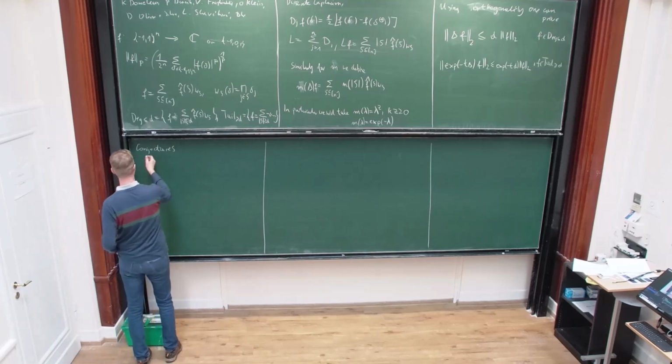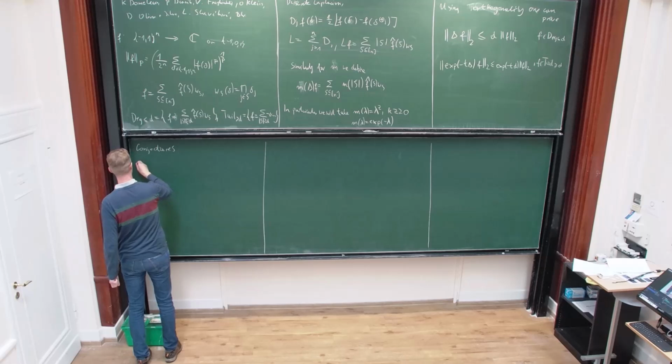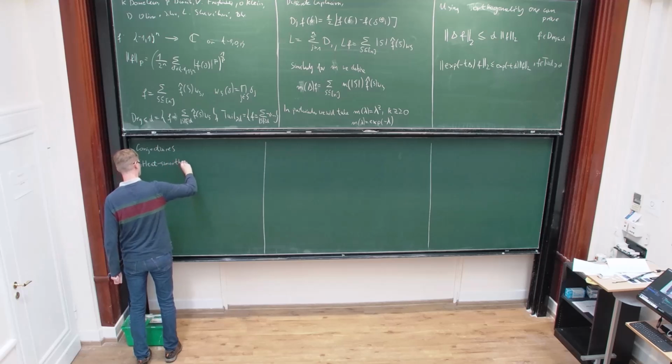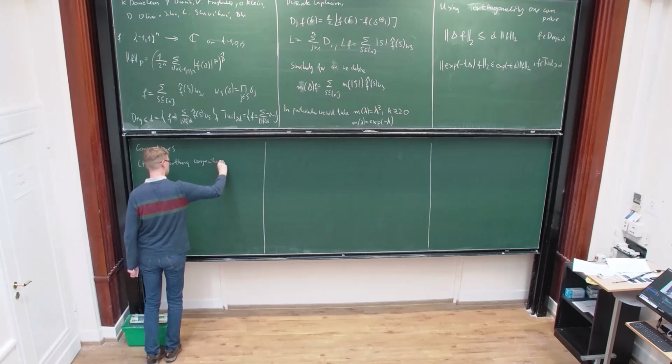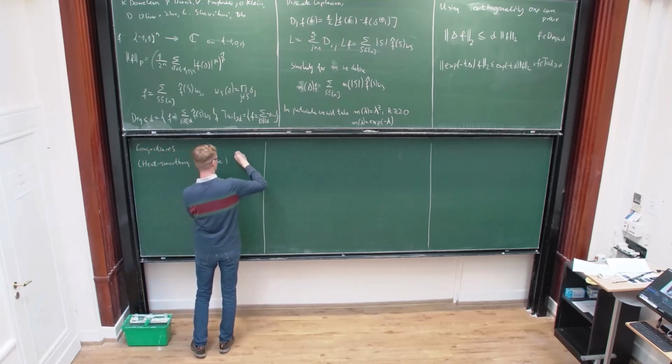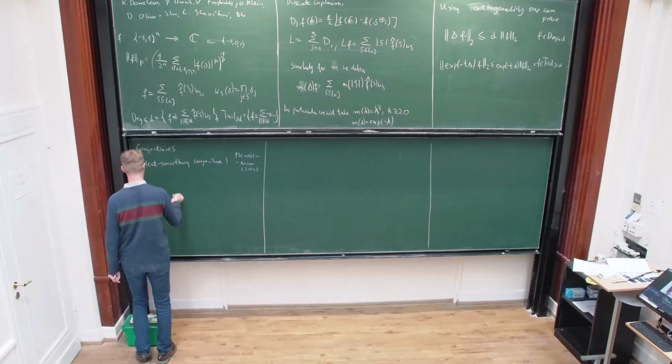The first conjecture I would like to mention is called the heat smoothing conjecture, and this is due to Mendel and Naor. And it asks about this.